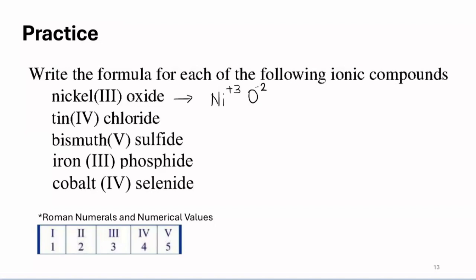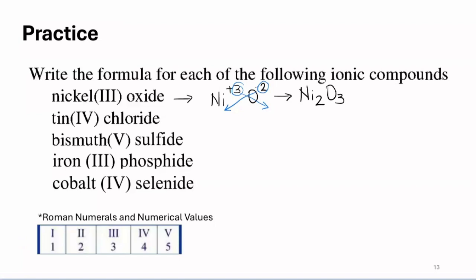As we learned previously, we are going to take the value, the number of the charge, and make it the subscript, only the value, not the sign. The 3 in nickel becomes the subscript of the oxygen, so that means that this is Ni2O3. If you're not familiar with Roman numerals, you can see that in the slide, I gave you the numerical value for Roman numerals 1 through 5.